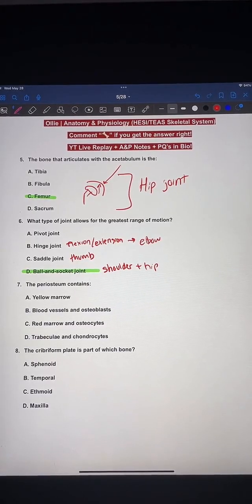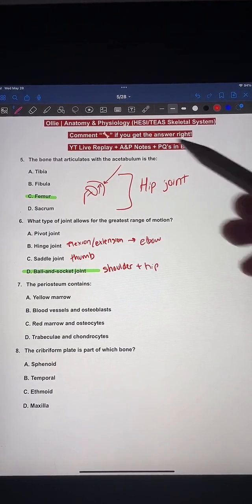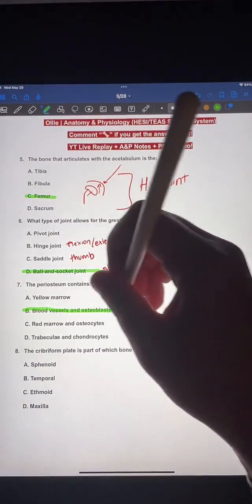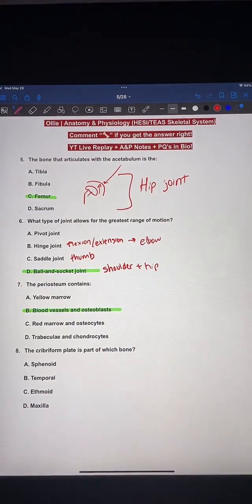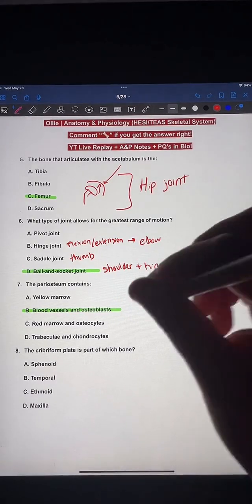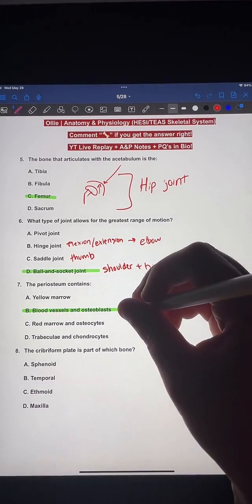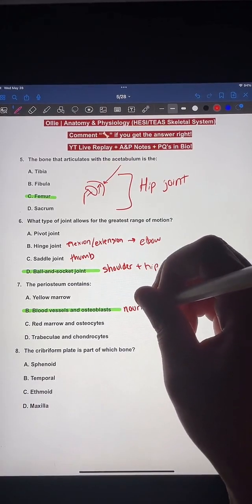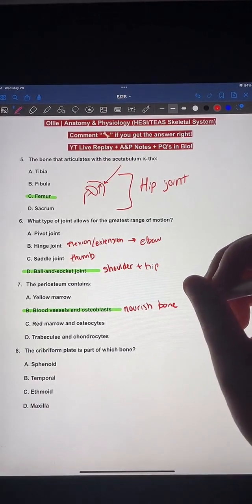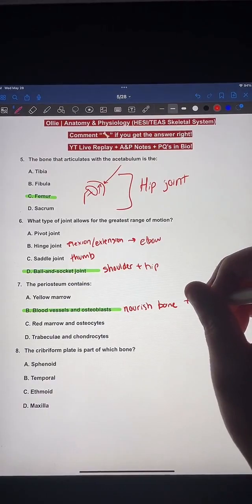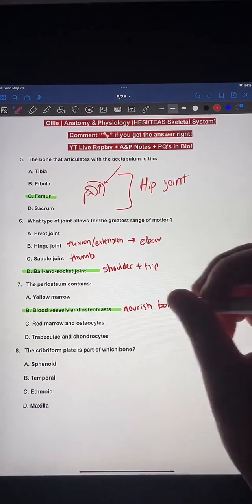But number 7, the periosteum contains, answer choice B, blood vessels and osteoblasts. If you got that right, put a bone down in the comments. Awesome for getting it right. So the blood vessels and osteoblasts are going to ensure that we are able to nourish our bone and adequately build new bone tissue. Osteoblast, B for build.